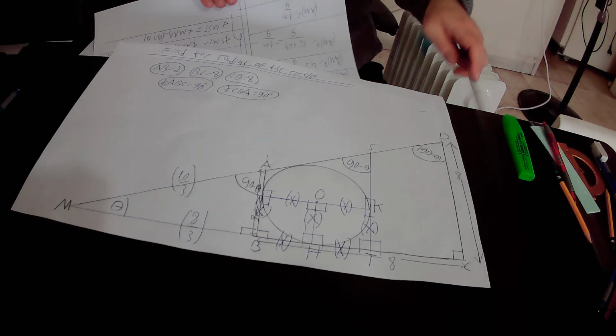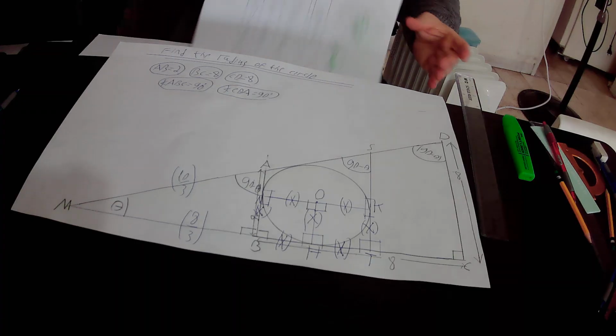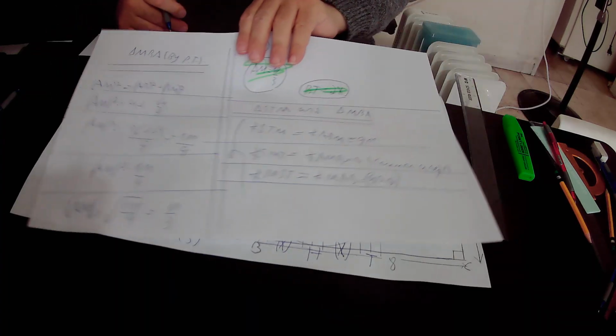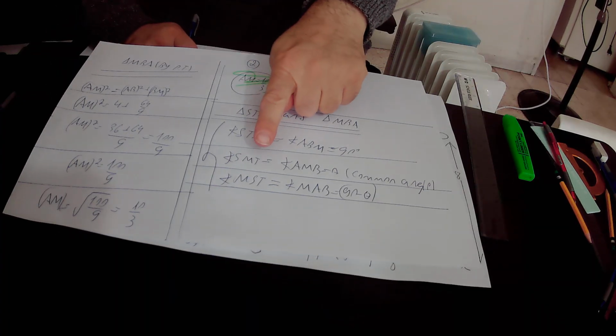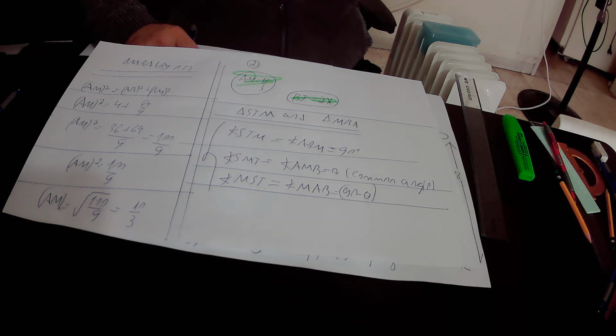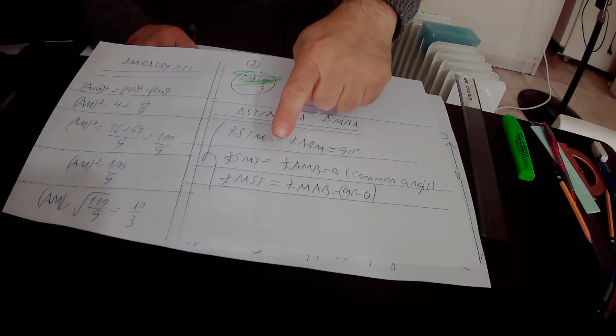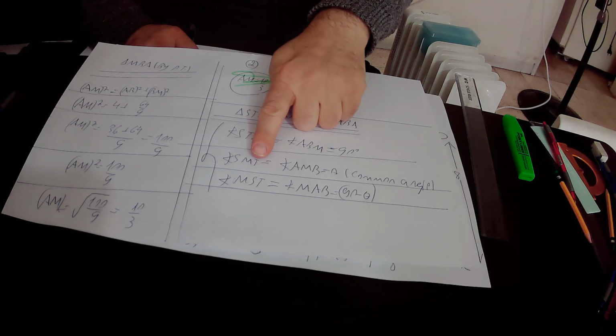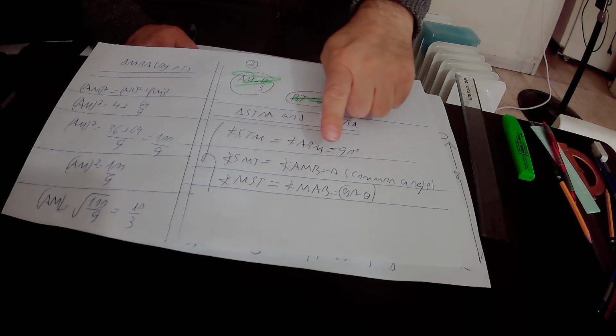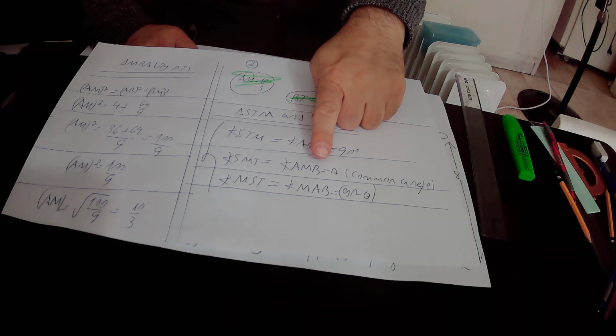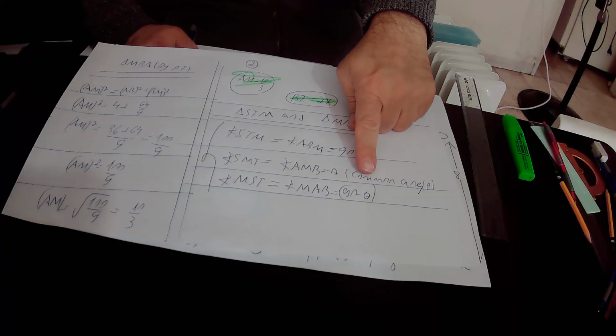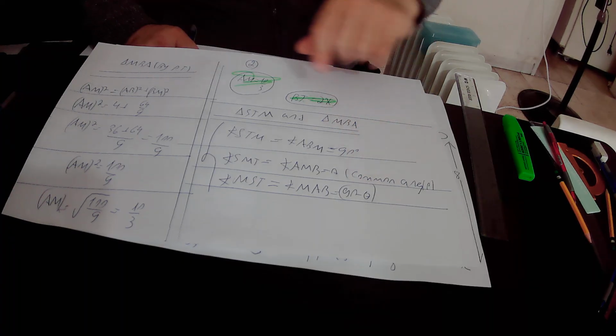Repeat again. Angle MST in the middle triangle STM equals angle MAB in the smallest triangle MBA. They are both equal to 90 degrees minus theta, therefore they are equal to each other.